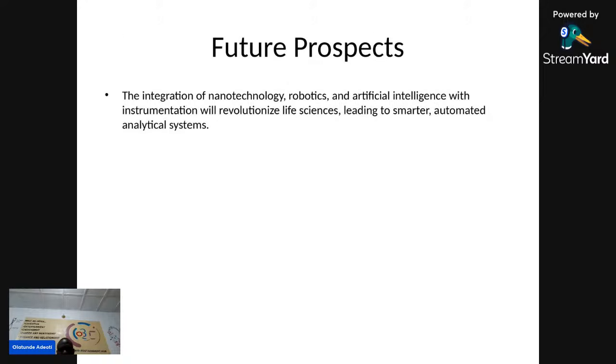So now, what does the future hold in the area of instrumentation? What can you be hoping to do in the area of instrumentation? In which area do you need to improve? What are the challenges? So we have said that the future prospects include nanotechnology, that is, the use of very small technology, robotics, and artificial intelligence, which will revolutionize life sciences, leading to smarter, automated analytical systems.